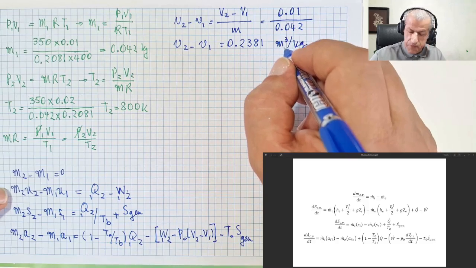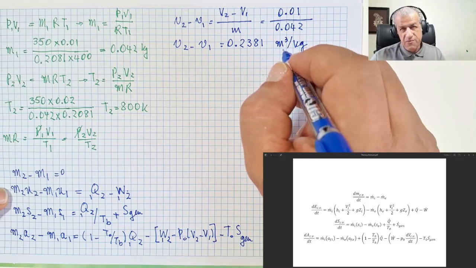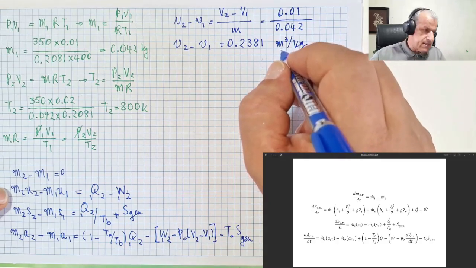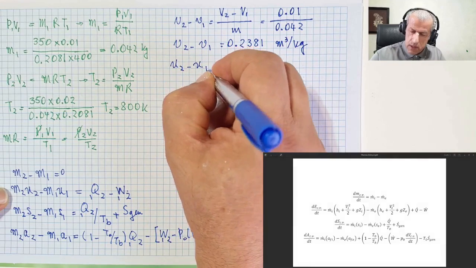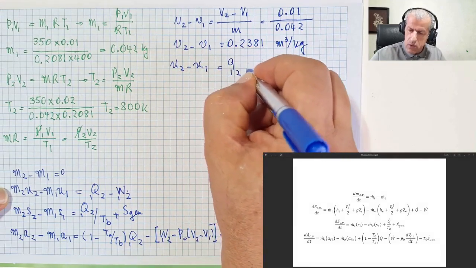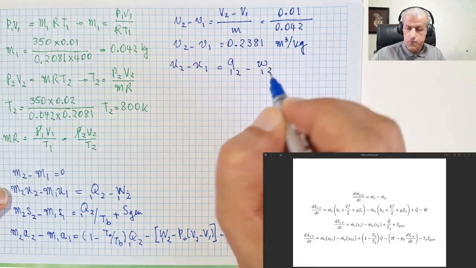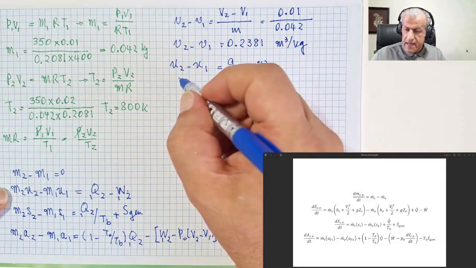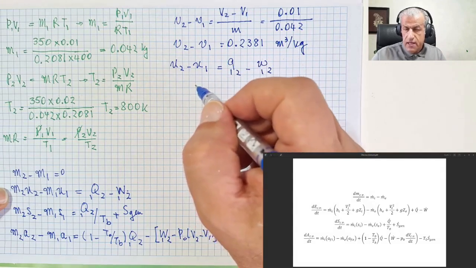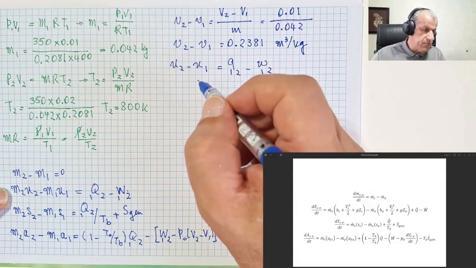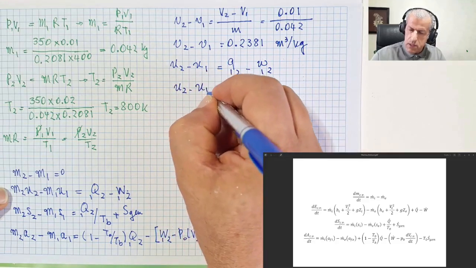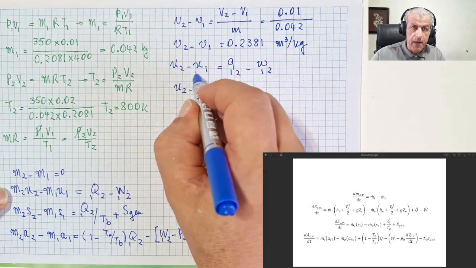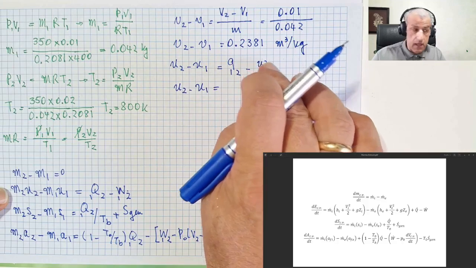Let's move to the first law of thermodynamics, and what we do is that we simplify it for unit mass. So it is U2 minus U1 equals Q12 minus W12. Well, since it's perfect gas, the change of internal energy is only a function of temperature. So I'm just working on this term; I shall later on work on the other two terms.